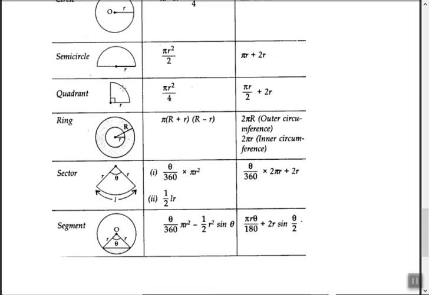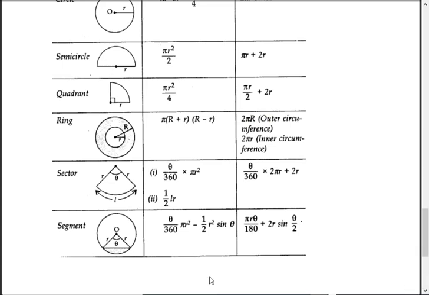What we do is, we want a perimeter, means outside part. So outside part is this only, pi r upon 2, and this remaining 2r remains the same. That's why just take 2r, don't take half of this 2r over here. So pi r upon 2 plus 2r.